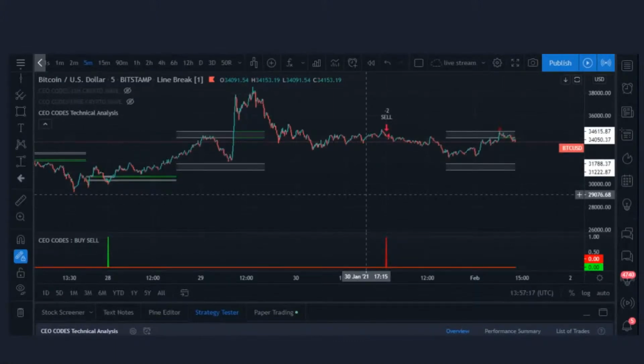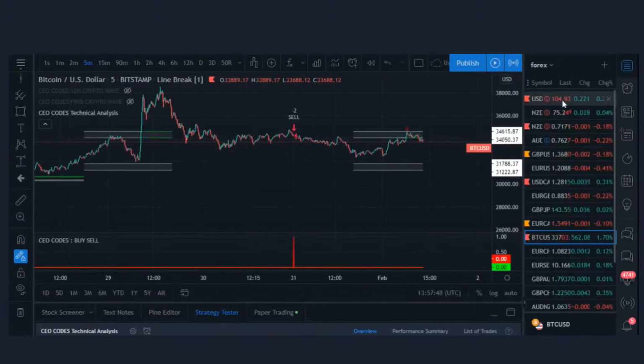What do you think? That's the Bitcoin line break.